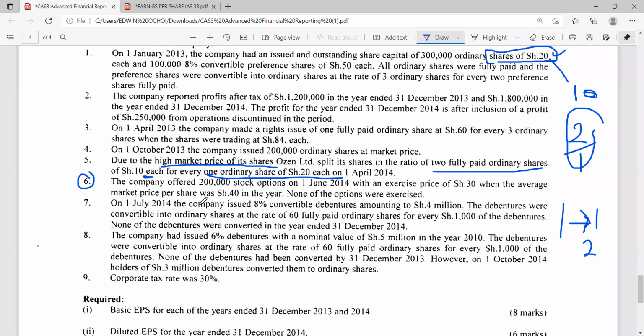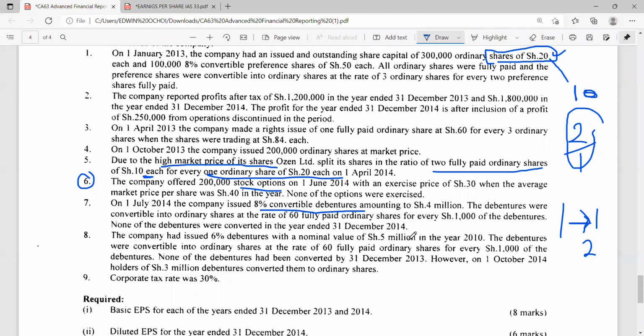Like in note 7, so for note 6, I've said specifically these stock options go to diluted EPS. For note 7, there's a convertible debenture, but did they convert for us to use it under basic? They said the debentures were convertible into ordinary shares at the rate of 60 fully paid ordinary shares for every 1,000 of the debenture.